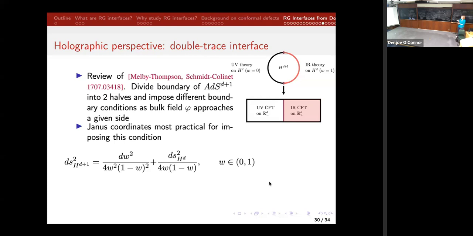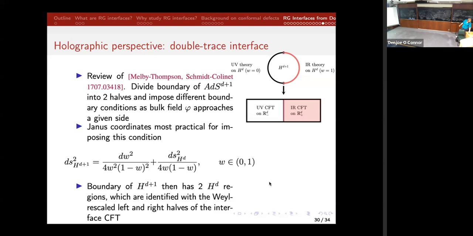So if you set W equal to any constant between 0 and 1, you'll get H^D. In that case, the boundary of H^(D+1) has two H^D regions, which are identified with the Weyl rescaled left and right halves of the interface CFT.